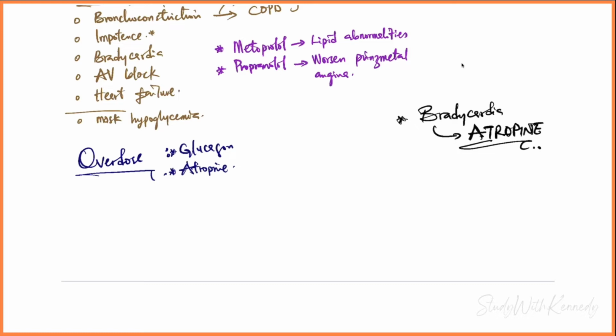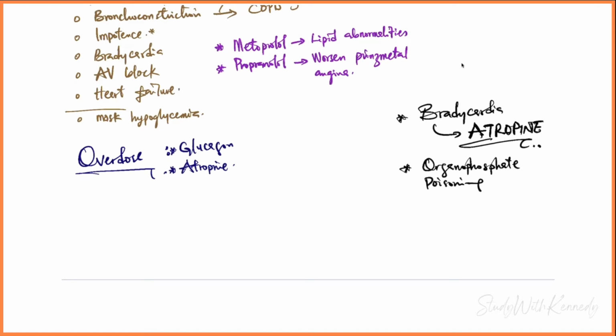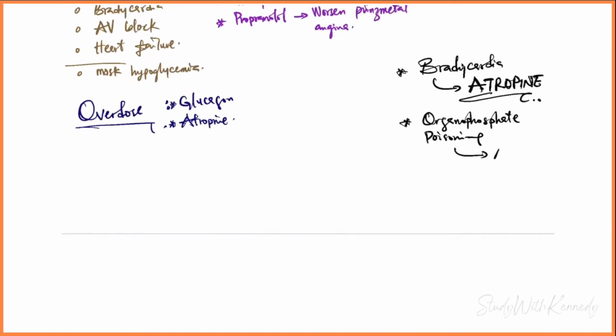I hope you remember where else you may be needing atropine. You remember you use atropine to treat what disease? I hope you said organophosphate poisoning. For organophosphate poisoning, again, use atropine.